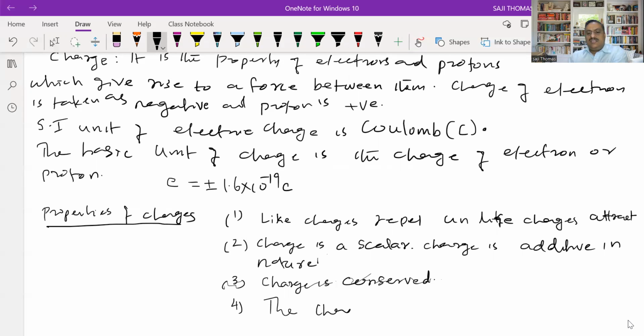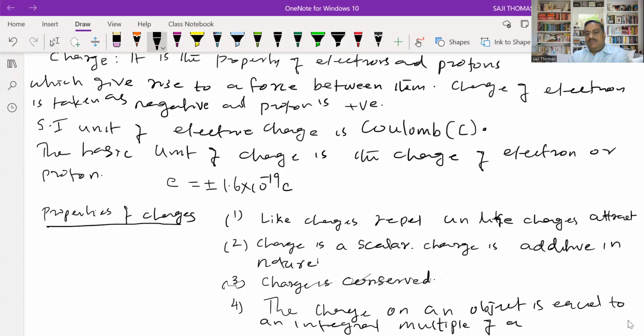The charge on an object is equal to an integral multiple of a basic unit of charge.